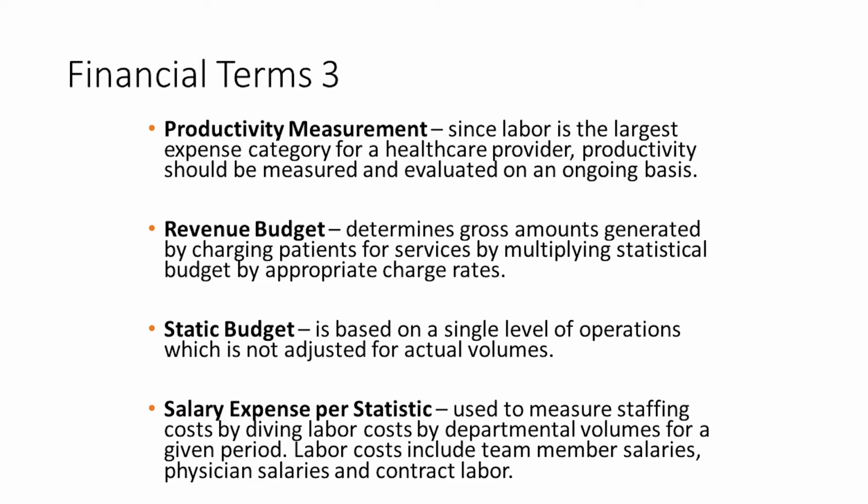The revenue budget determines gross amounts generated by charging patients for services, by multiplying the statistical budget by appropriate charge rates. It's also important to mention, and I think some managers struggle with this, that those gross amounts are not necessarily net, or what you get reimbursed.